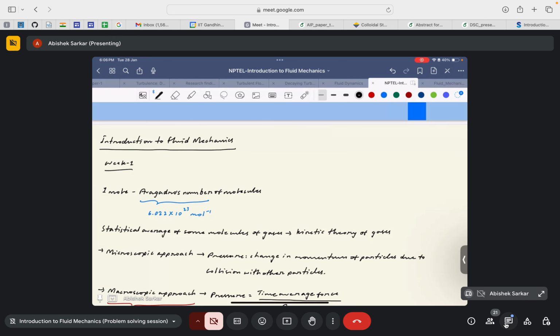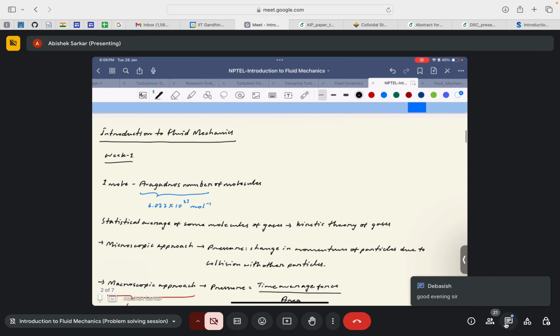The specific purpose of these problem solving sessions is to discuss some questions related to this first week's lectures, and help you to understand the concept, as well as discuss questions that will be similar to the assignment questions that you will be asked to solve in the assignment 1 of this course. So that's the primary purpose, and we will do this every week on Tuesday 6 to 8. And I think that's the proper overview of this session.